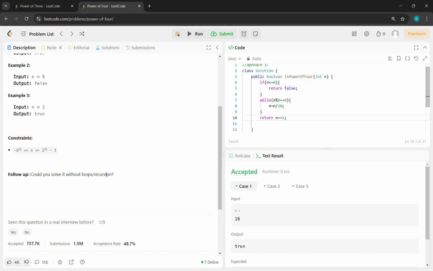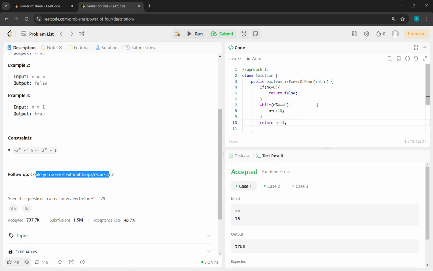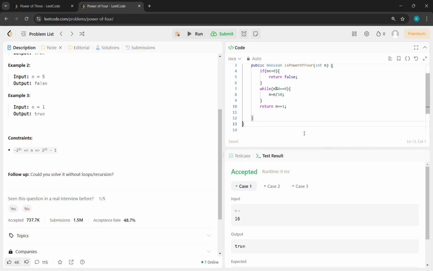Similarly, in the same way, could you solve it without loops and recursion? यहाँ पर भी हम लोग सेम फॉर्मूला अप्लाई करने वाले हैं, that is the logarithmic approach. So this is the formula which we are going to use.